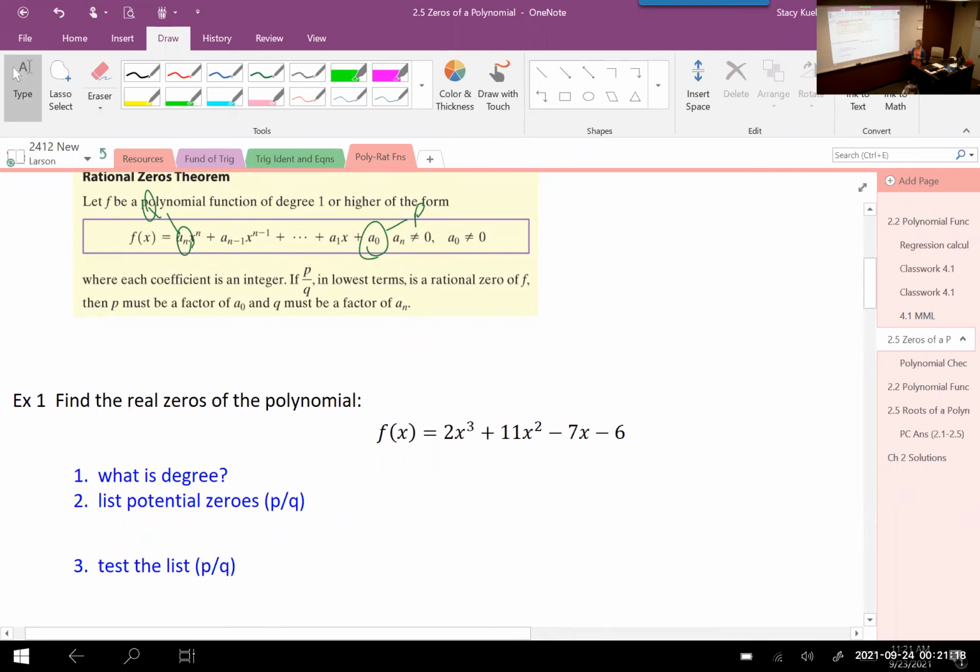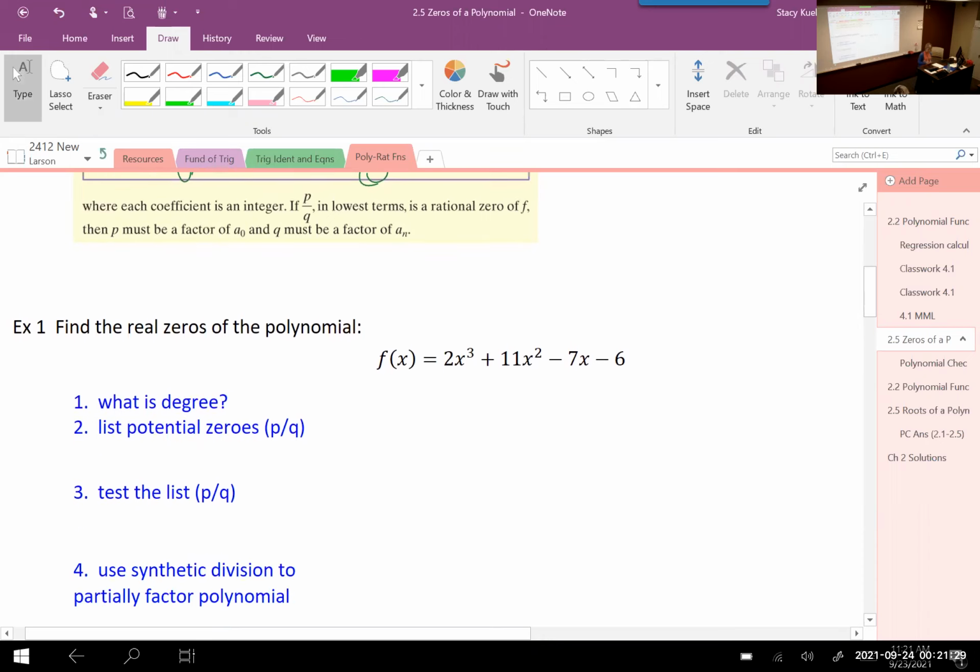So the first polynomial that we want to find the zeros of, and we're looking for just the real zeros on this, is 2x cubed plus 11x squared minus 7x minus 6. All right, that's the polynomial that I want to look at. So let's get a feel for how many solutions I might be looking at here. So this is what degree polynomial?